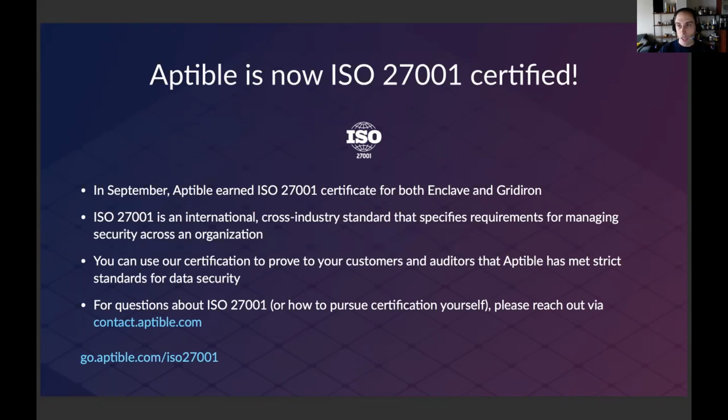We have a lot of familiarity going through the process at this point. We actually used our own product, Gridiron, to manage our certification process, so we're happy to help you with any certification questions you come up with along the way. And of course, you can read more about this on our website at go.aptible.com/ISO 27001.